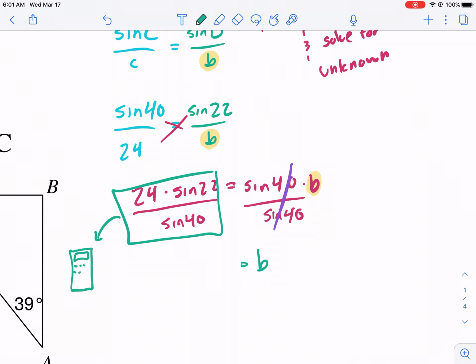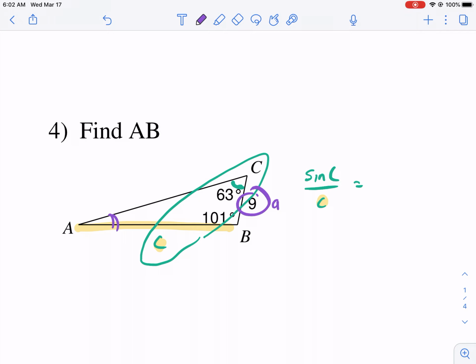This is the guy we're looking for. So we need another given pair. In this case, we're given only side a, so its angle is going to be 180 minus 101, minus 63, and I get 16.